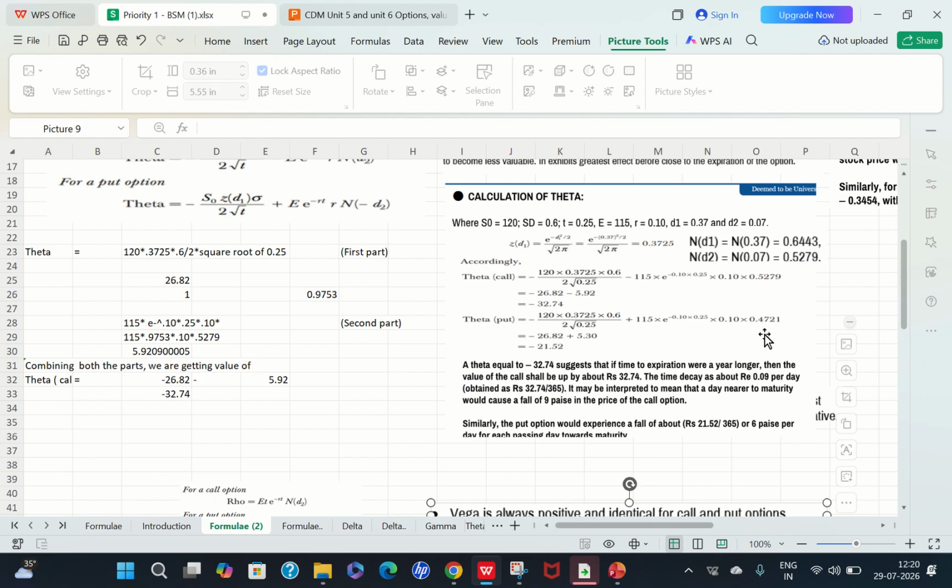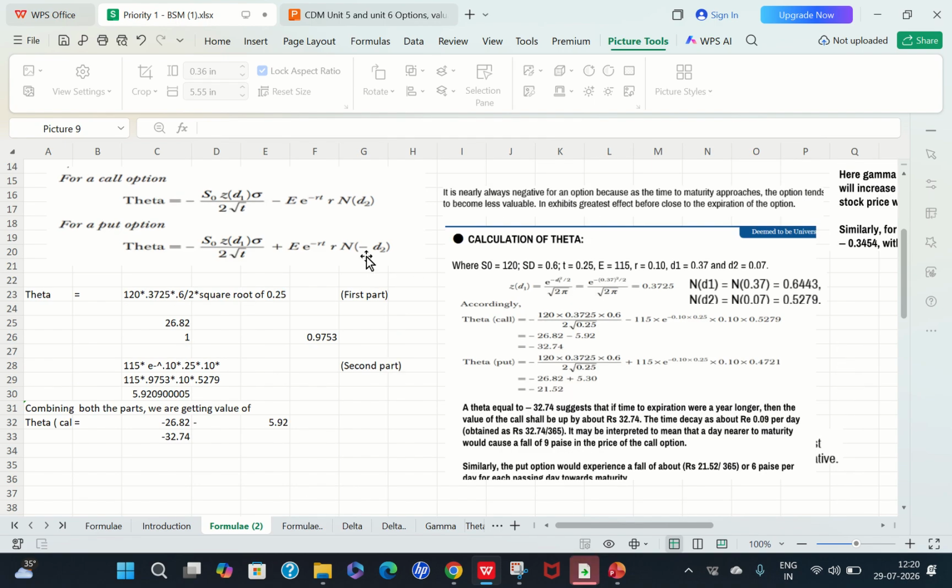So what do you exactly do? N of minus d2, we are doing it. How do you do it? How do we come to 0.4721? Just think. N of minus d2, how do we get it?